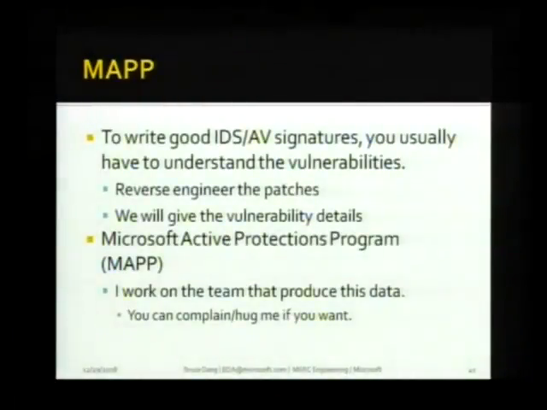Let's say that you don't have your own parser. Let's say that you try to reverse engineer the patch. Most people, when you bindiff a patch, can figure out, okay, yeah, this is a buffer overflow. But in Office, in order to exploit the vulnerability, you actually need to know what specific record is bad, right?